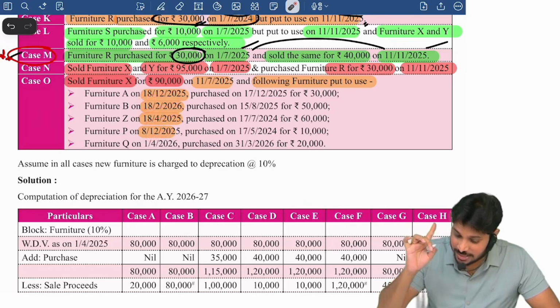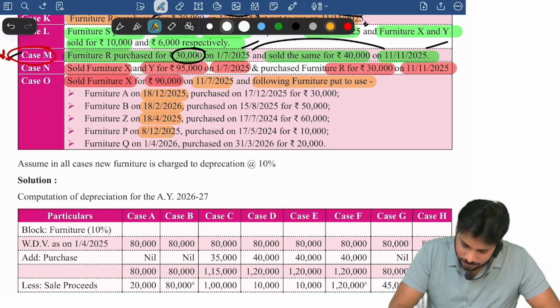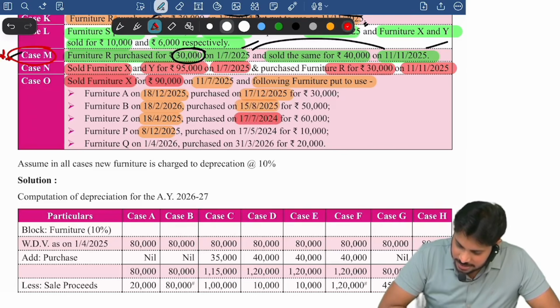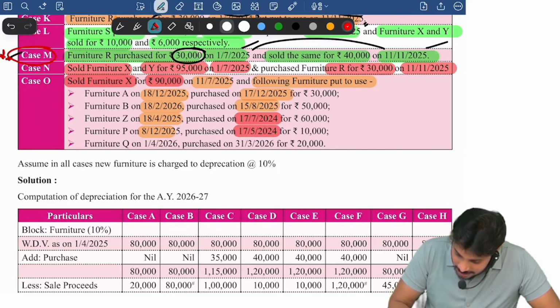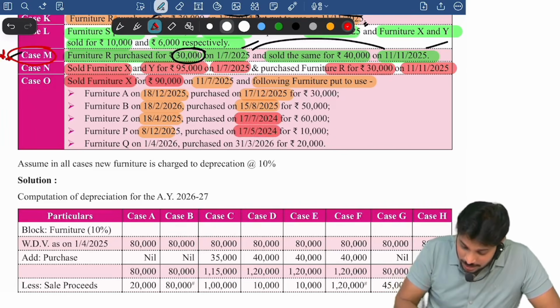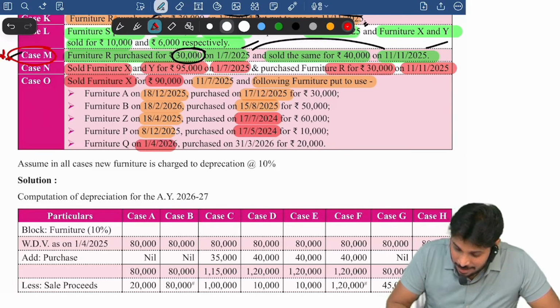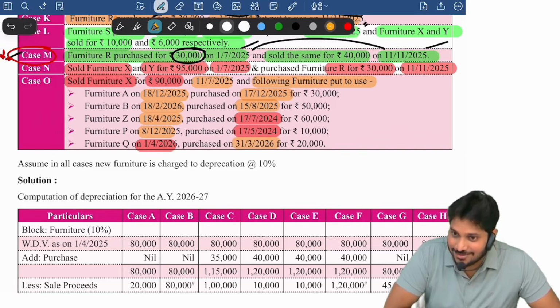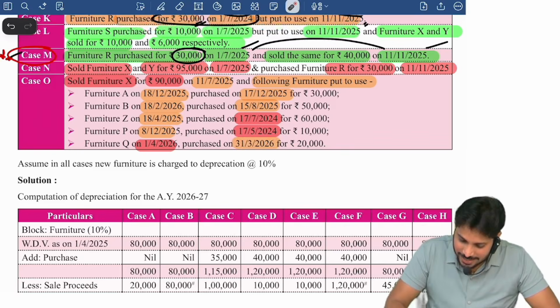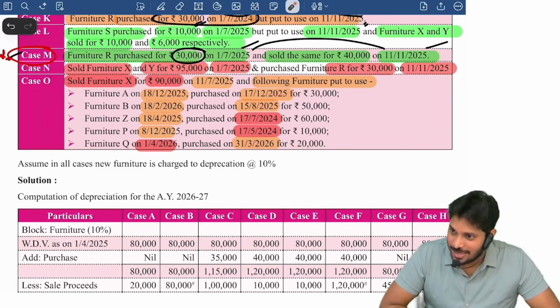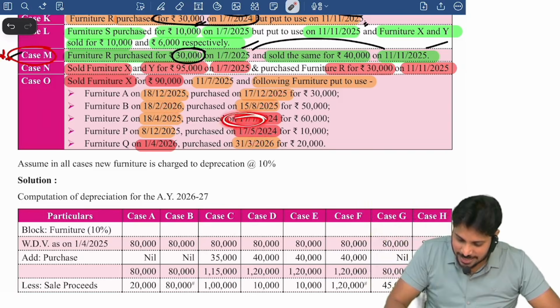Purchase date also current year, purchase date current year, purchase date last year, purchase date last year. Here you see, usage date next year, but purchase date current year. All current years are highlighted with orange color. Previous year and next year are highlighted with red color.